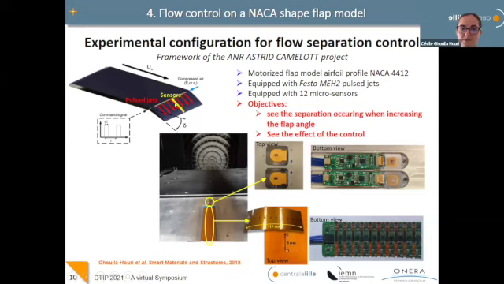And we equipped the flap with 12 microsensors. So 2 are in individual packaging, as we call it, because we have an individual electronic card for each sensor. But due to the space available in the rest of the model, we developed a flexible array of 10 microsensors with the electronics at the backside.